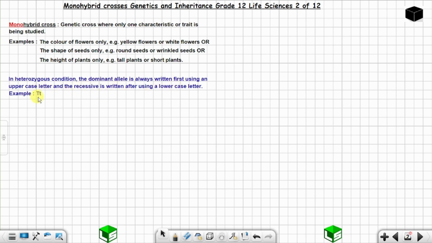The uppercase letter represents the dominant allele and is written first. The second letter, written in lowercase, represents the recessive allele. Hetero means different, so you have an uppercase letter and a lowercase letter.